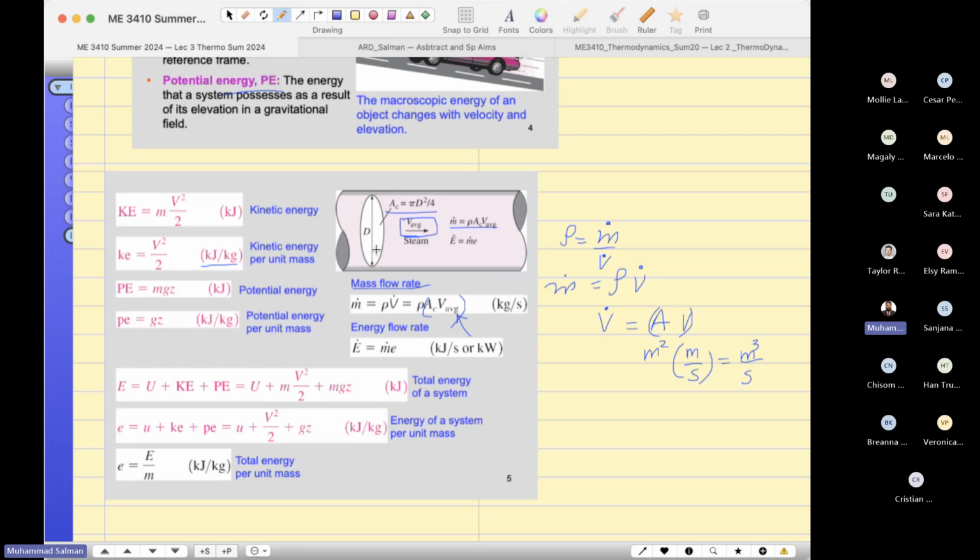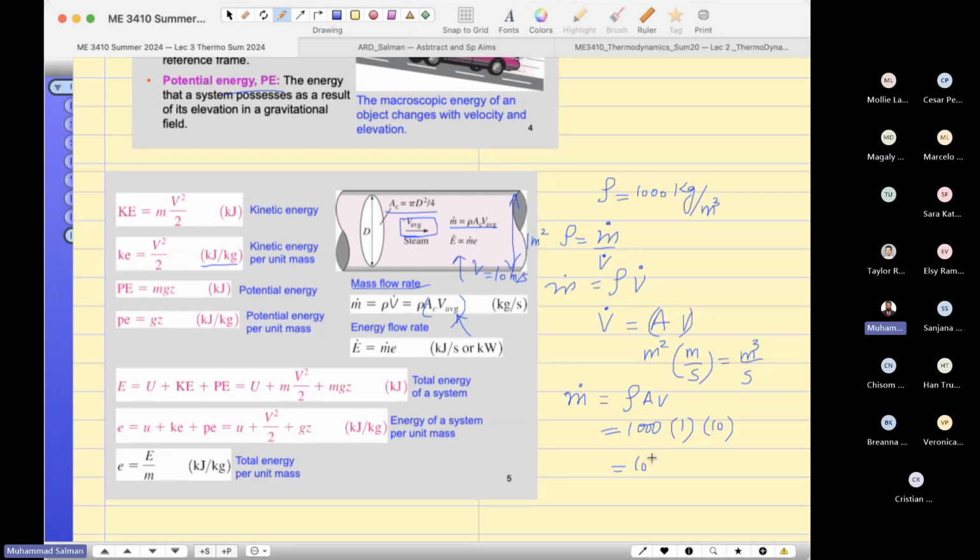If this is water, then the density of water is 1000. So you can find out if I give you the area cross section. For example, this pipe has the area cross section as 1 meter square, and the velocity of water is, suppose, 10 meters per second. You can easily tell the professor, this is the mass flow rate, rho A V. Rho is 1000, area is 1, velocity is 10.